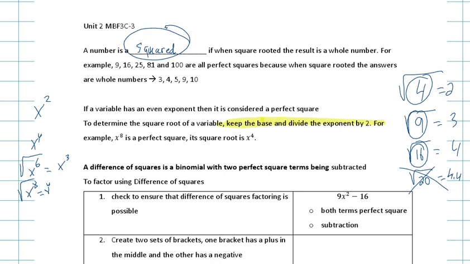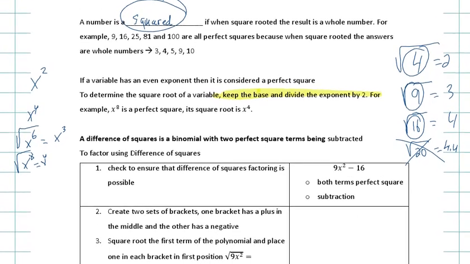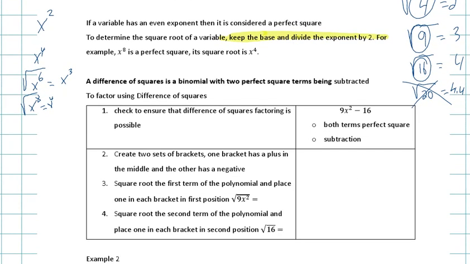Now, can I have your attention on the board, please? This is a very important terminology in math. It's called the difference of squares. What does the word difference mean? What are you doing to them? Difference.